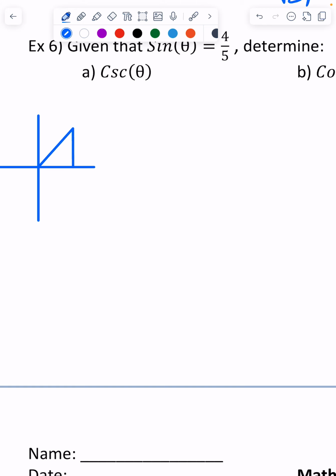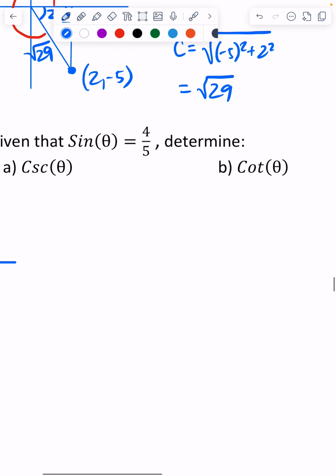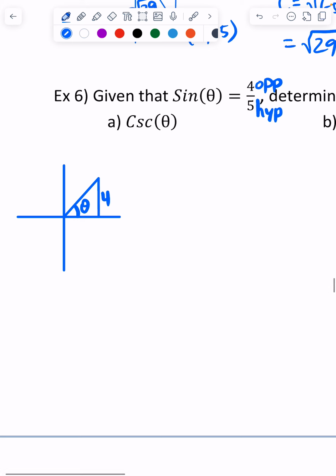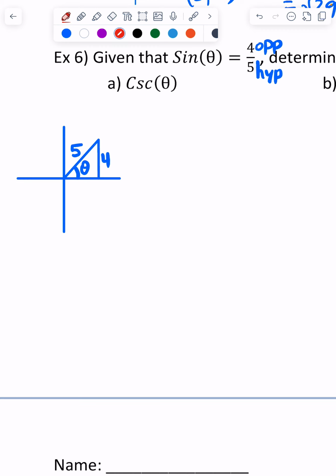If we're talking about a triangle, we're talking about an angle here, and it says the sine, which is opposite over hypotenuse, is 4 over 5. So we know that the opposite side is 4, the hypotenuse is 5, and that means, if you do a really quick Pythagoras, 5 squared minus 4 squared, and the root of that actually equals 3.